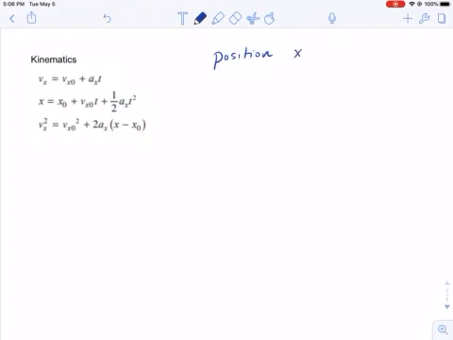So for starters, hopefully at this point, we are familiar with the ideas of position, which is labeled with an X and is always in meters. Velocity, which is defined as change in position over change in time. Change is always final value minus initial value. And then we have acceleration.